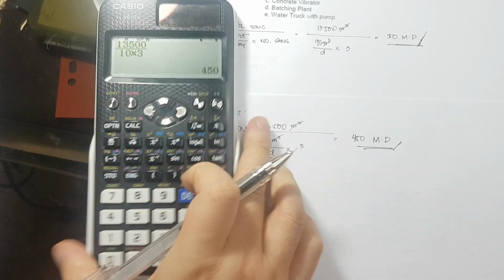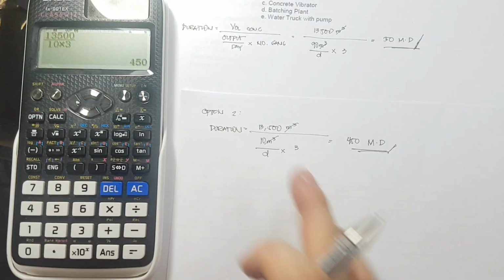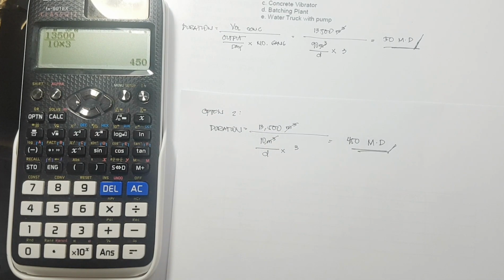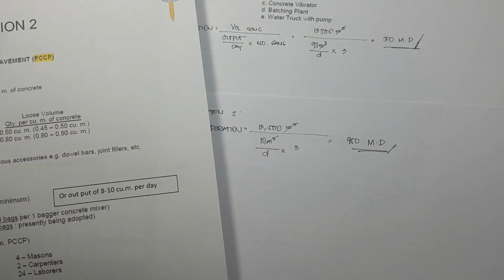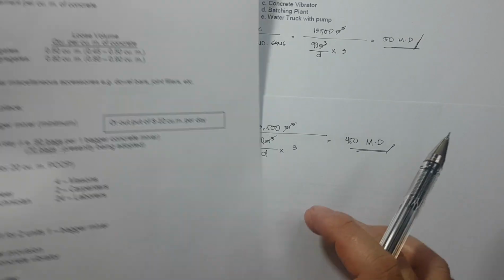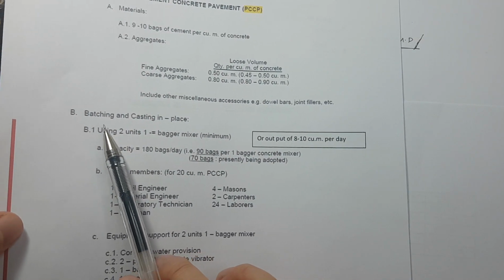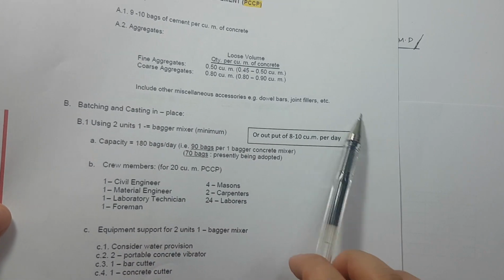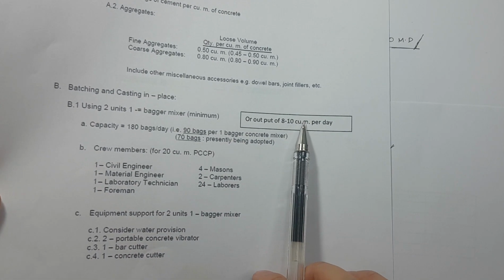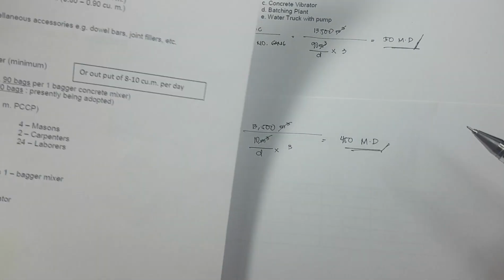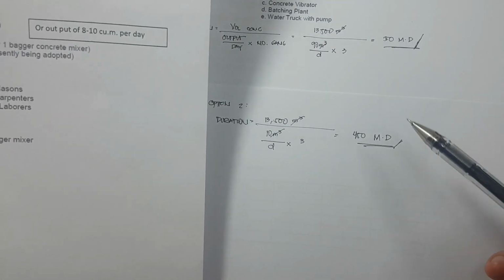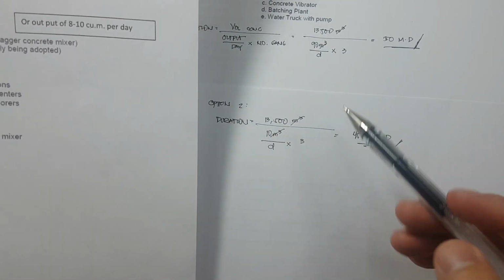That is if it is 1 gang per stretch of the length. Because if it is batching and cast in place, this is what we would use. Now, if you are still going to do it manually or with laborers, then increase the number of gang per set.